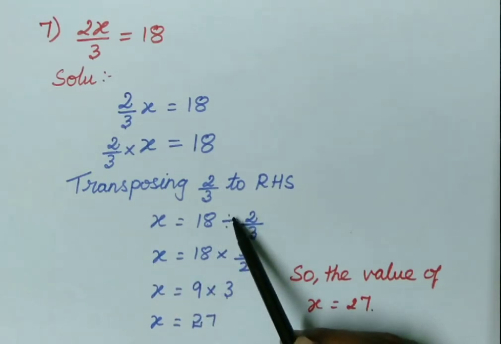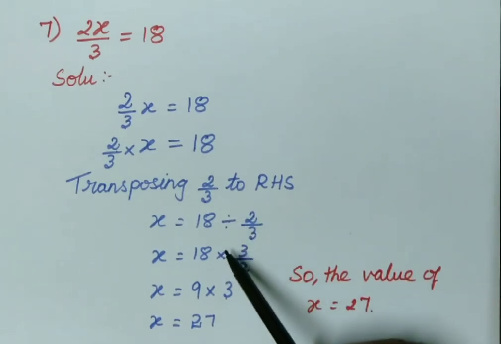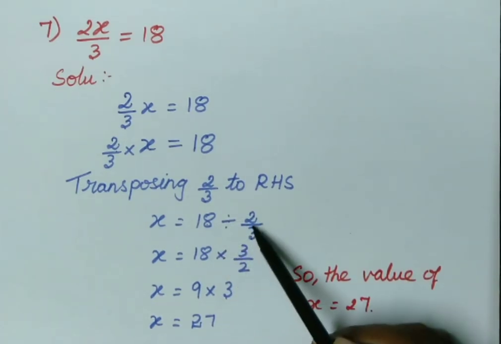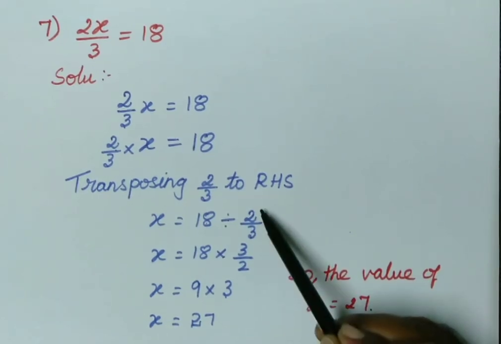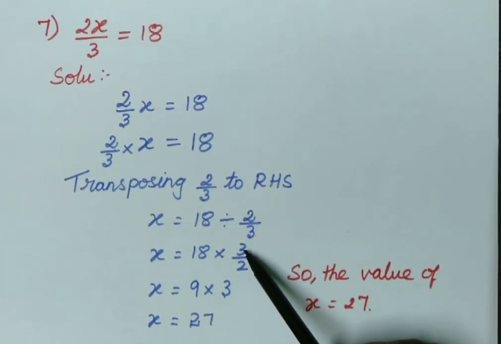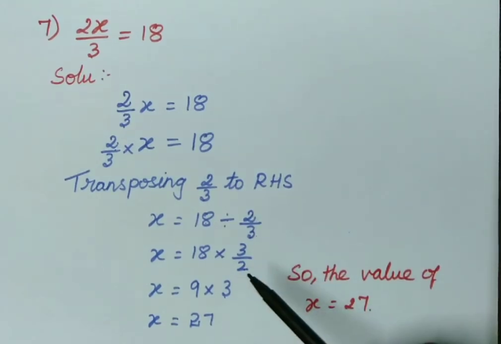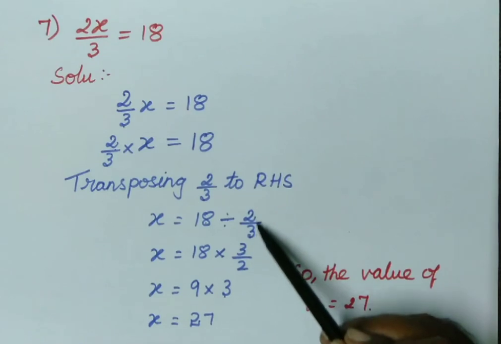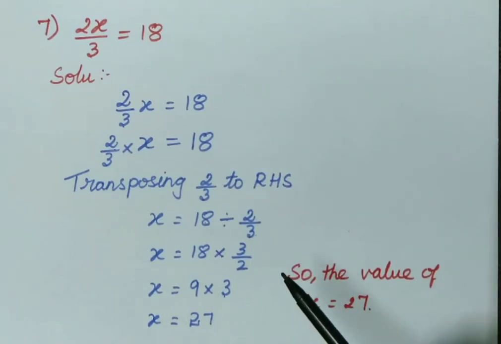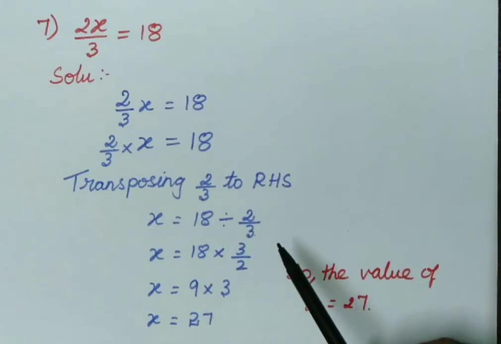This division symbol will change to multiplication. Once we change the division symbol into multiplication, automatically it will change its position: the denominator will become the numerator and the numerator of this rational number will become the denominator. So interchanging the numerator and denominator is known as what? Yes, it's reciprocal or multiplicative inverse.